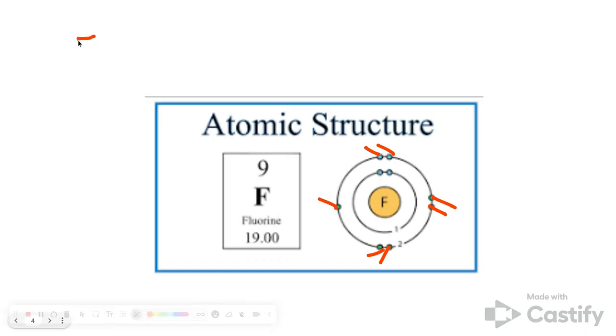So for our dot diagram, we'll have 1, 2, 3, 4, 5, 6, 7. There it is. And by the way, fluorine is very reactive. It's the most electronegative element out there, right? It loves to grab an electron, especially from the alkalis.